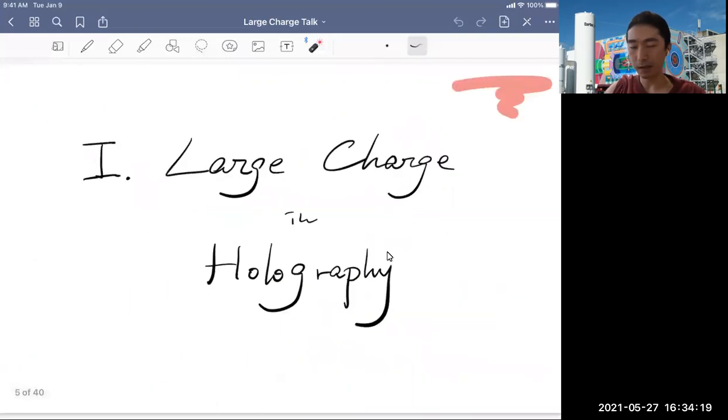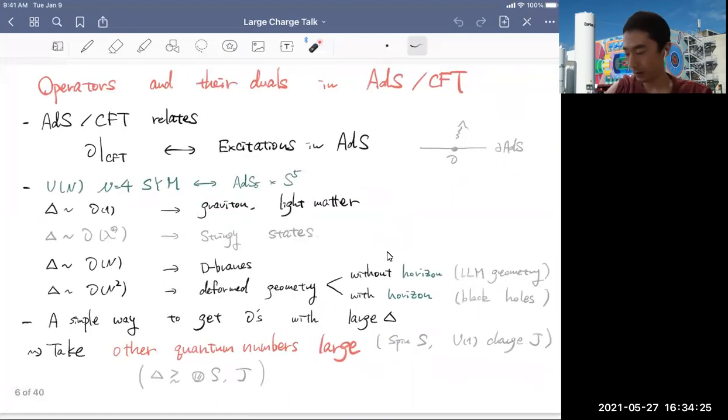Okay, so let's start. The first topic is large charge in holography. Let me first make a general remark. As probably many of you know, AdS/CFT relates an operator living on the CFT side with an excitation or particle state in AdS.